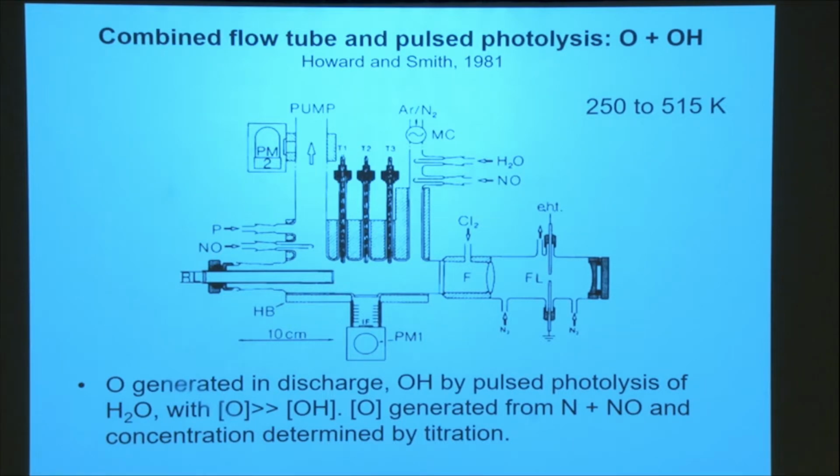So I would imagine that the uncertainty from this type of experiment is relatively high. In this case, OH again is generated by pulse photolysis, this time of water. Reaction is taking place with oxygen in excess, and that oxygen has been generated from N plus NO. And the measurement is at fairly low temperatures.